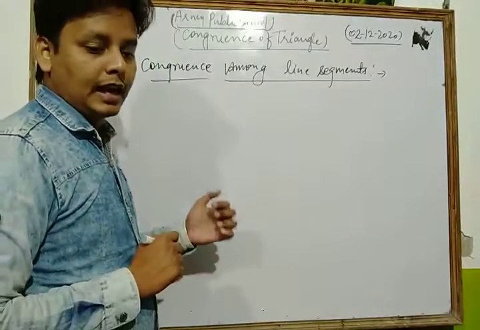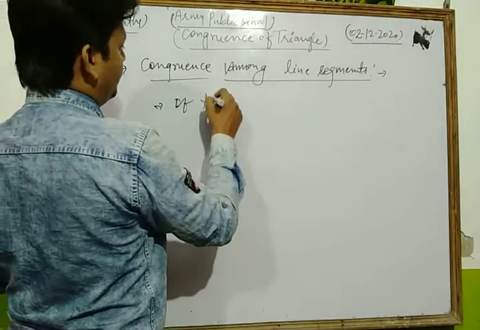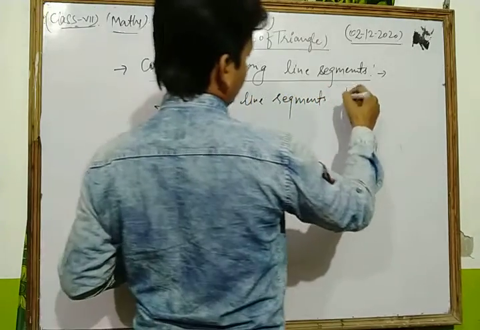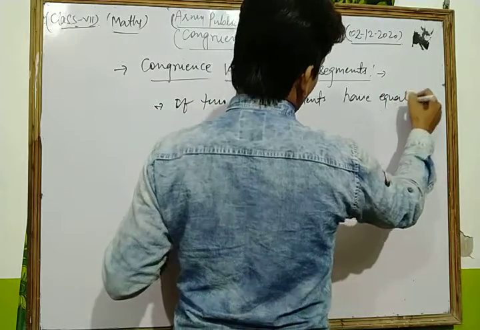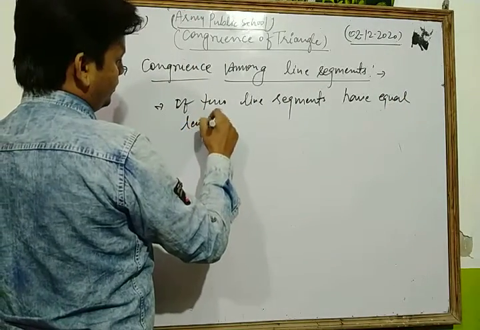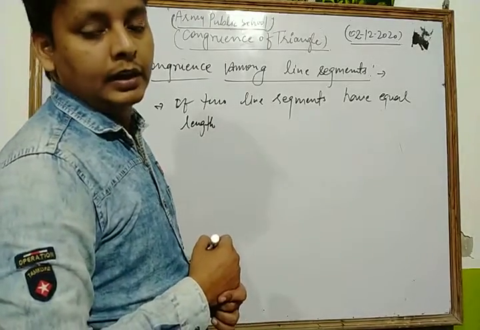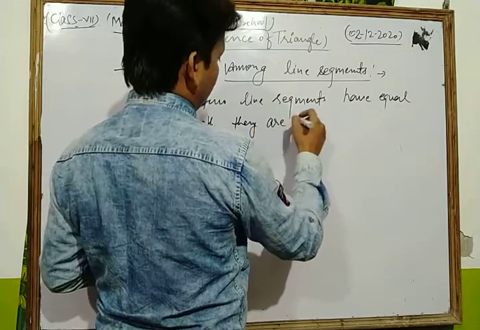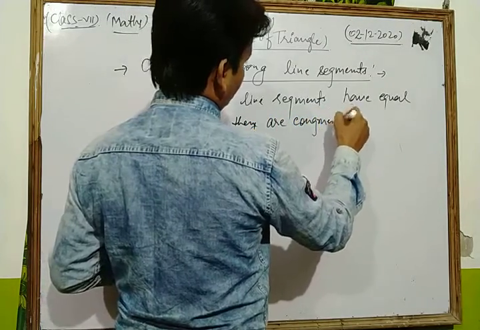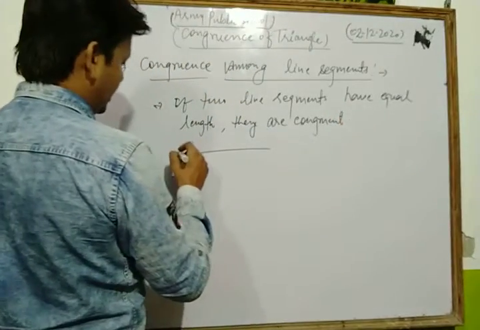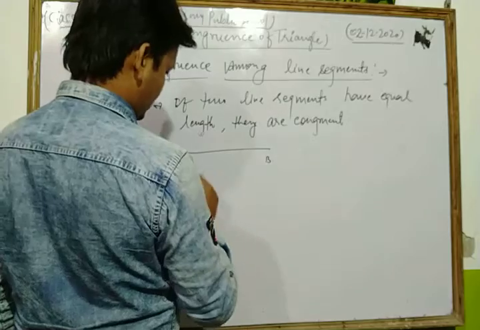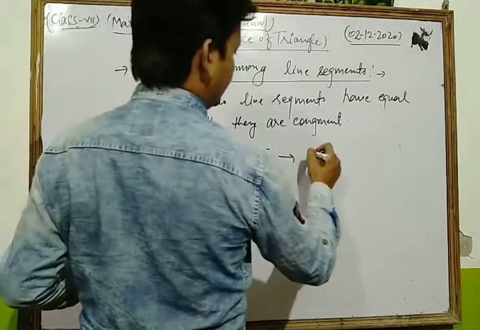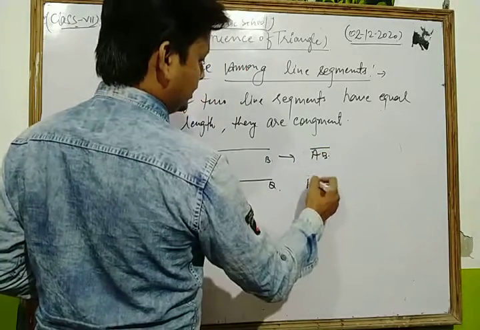Suppose we draw a line segment AB and another line segment PQ. Here this is line segment AB and this is line segment PQ.